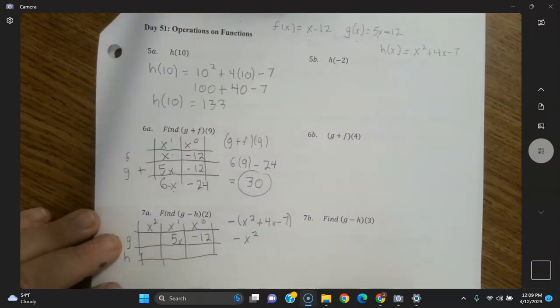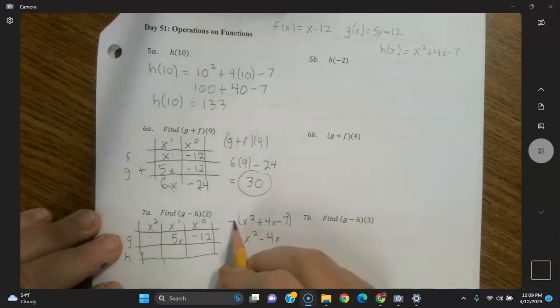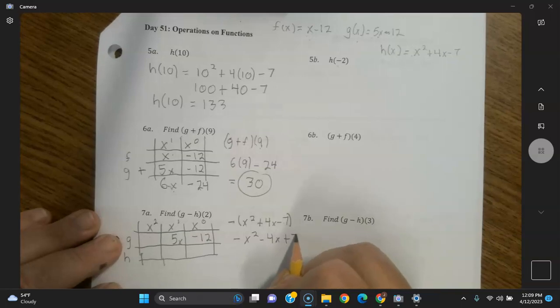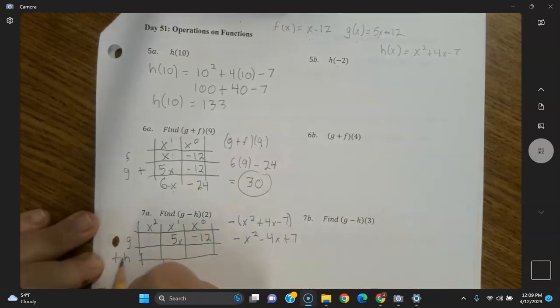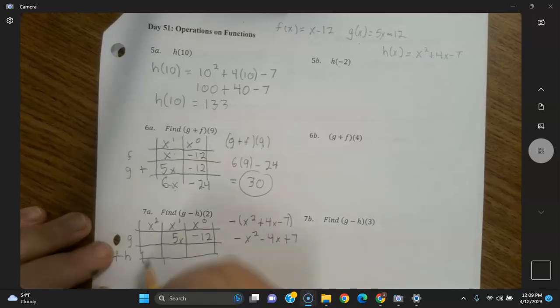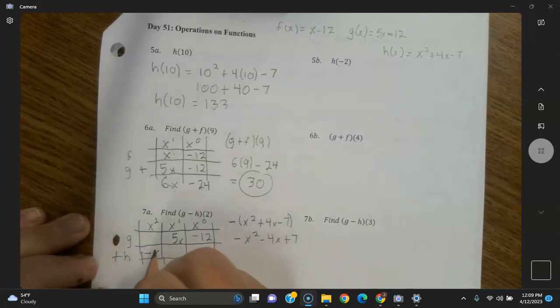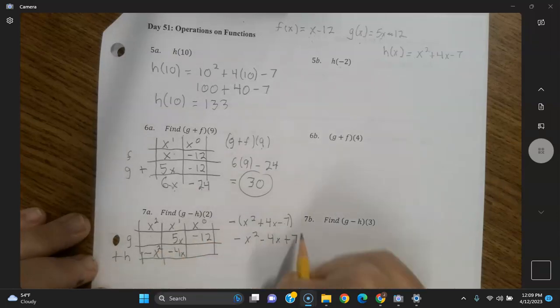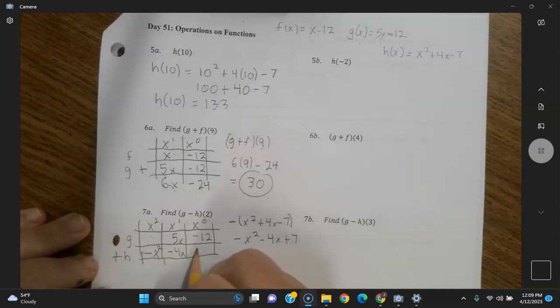That's all you have to remember. Minus 4x plus 7. So that makes this down here an addition problem, now that I've changed all those signs. So it's negative x squared minus 4x plus 7.